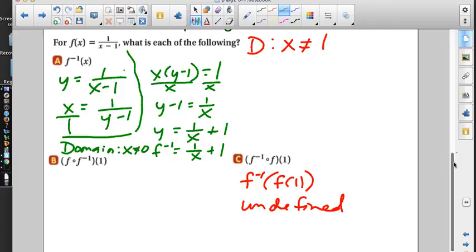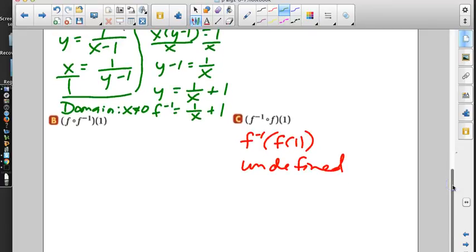So now I look at B, and I'm trying to tell if for f inverse they want me to put a 0 in here, because if this is a 0, I can't do this problem. Well, it's not a 0, it's a 1. Okay, we're going to be able to do this. So now, this was a couple of days ago.